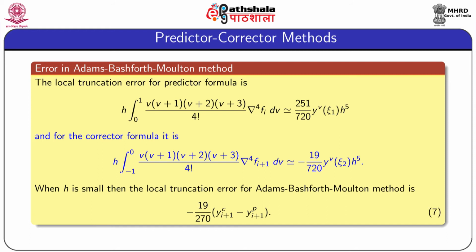When h is small, then the local truncation error for the Adams-Bashforth-Moulton method is minus 19 by 270 into y i plus 1 c minus y i plus 1 p. That means the difference between the predictor and corrector values into this factor.